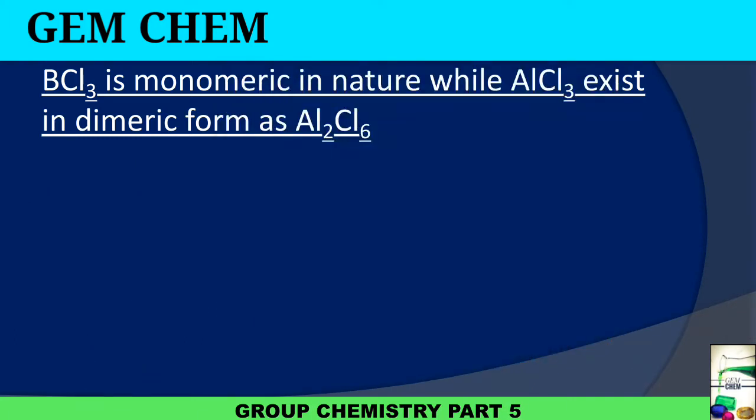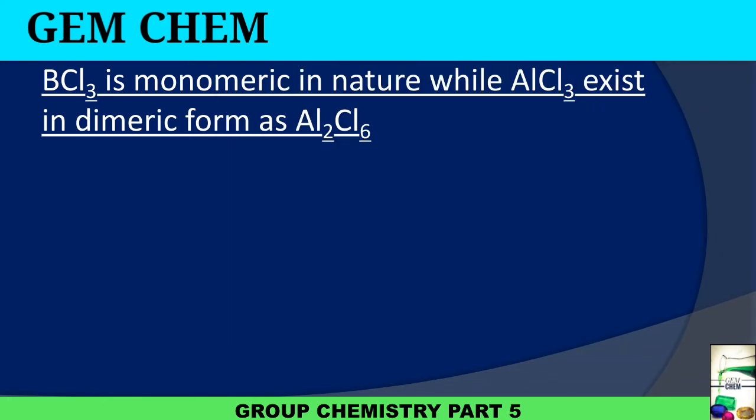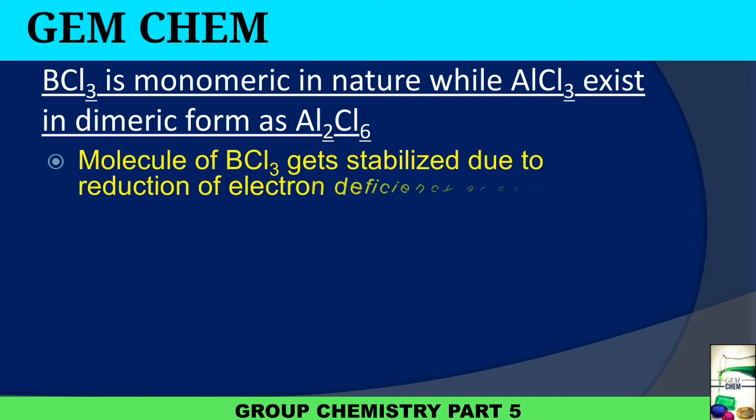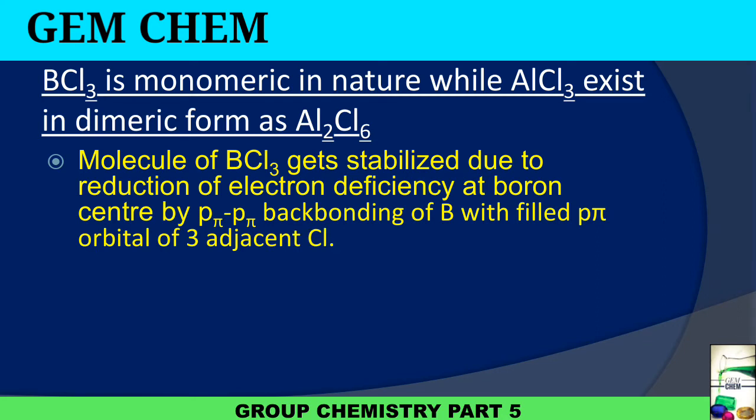So let us see. First of all, in BCl3, it is due to the smaller size of boron that it can participate in delocalized p-pi back bonding, which we had already seen in our previous video, with filled p-pi orbitals of 3 adjacent chlorines. Thereby, it reduces its electron deficiency at the boron center and hence stabilizes the molecule.